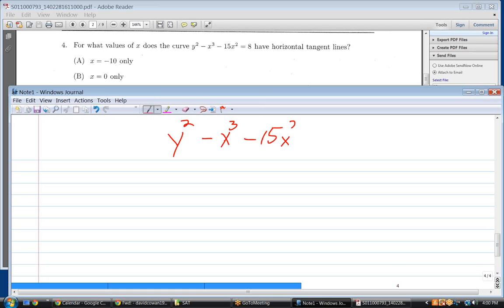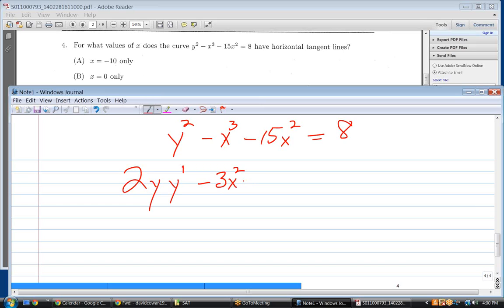So wouldn't it be 2y dy/dx? I will call that y prime, okay? 2y prime, just because it's easier to write. Minus 3x squared, and minus 30x.